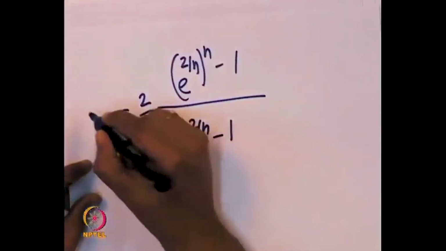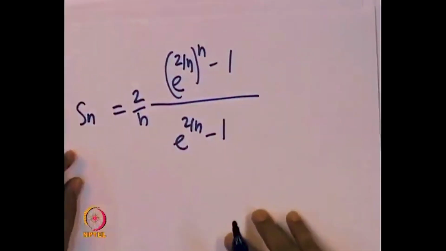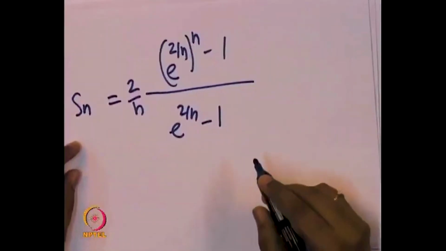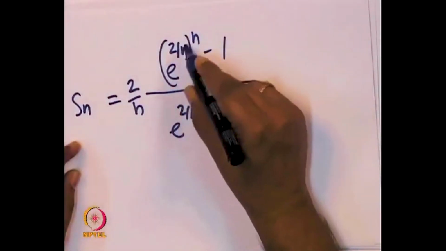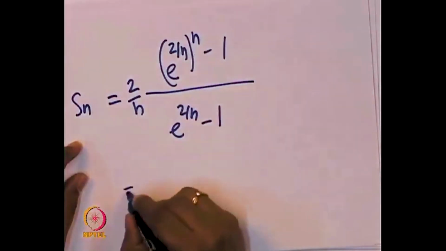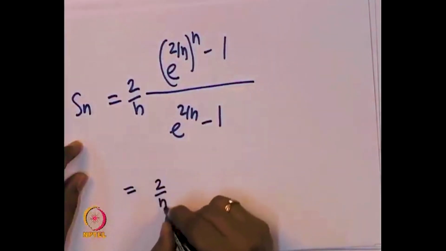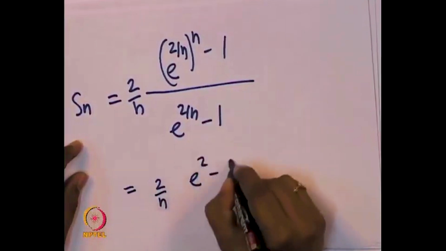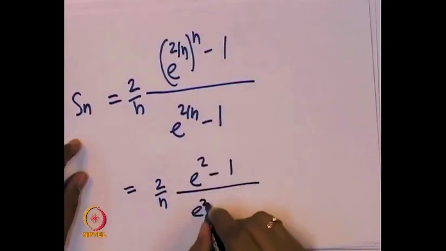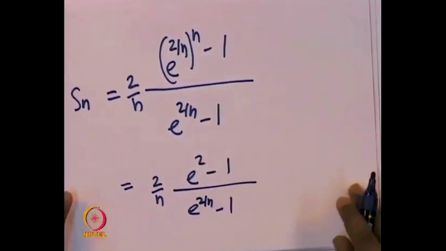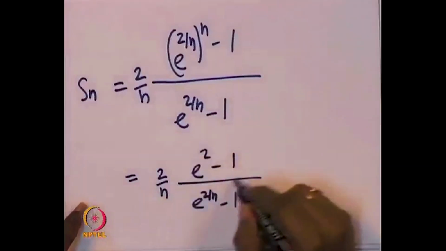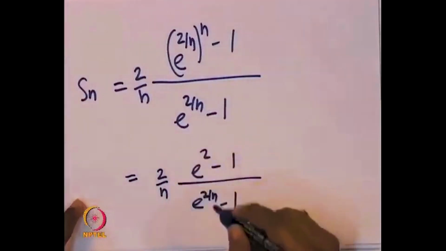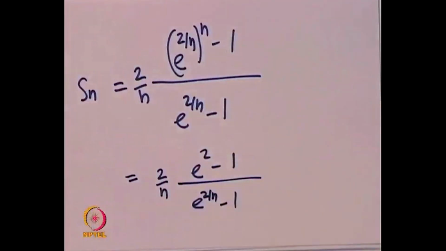This is my S n, the sum of n terms. So this is 2 by n into (e square minus 1) divided by (e power 2 by n minus 1). We know the answer is e square minus 1, and it is emerging from this, and what we have to show is that the rest of it goes to 1 when n goes to infinity.